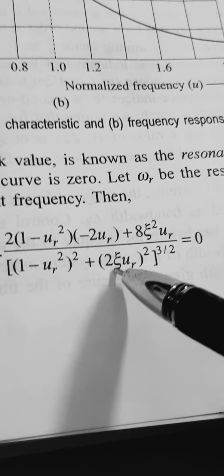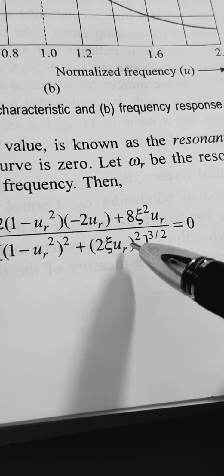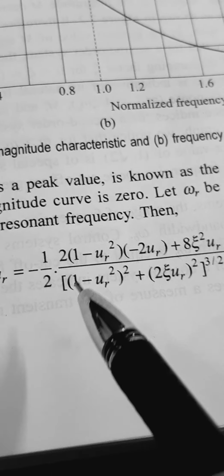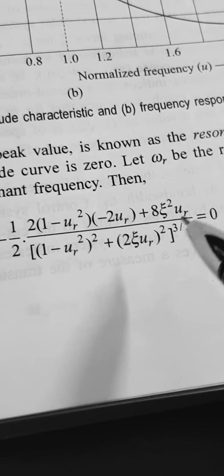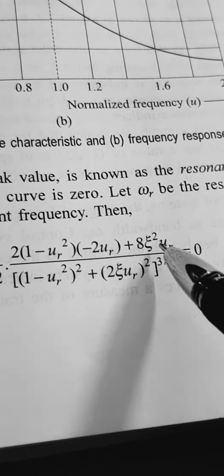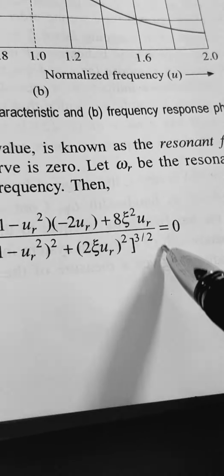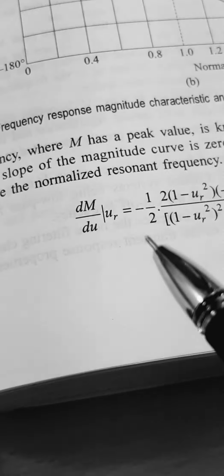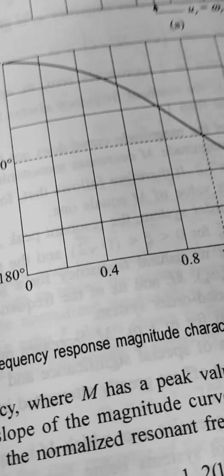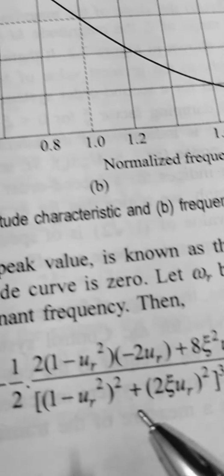If you expand, it is 4 xi square u r square, so with respect to u r it becomes 8 xi square u r, divided by the denominator raised to 1 by 2 plus 1, that is 3 by 2, and that is equal to 0. So you can do the differentiation of this expression, and it is equal to 0.